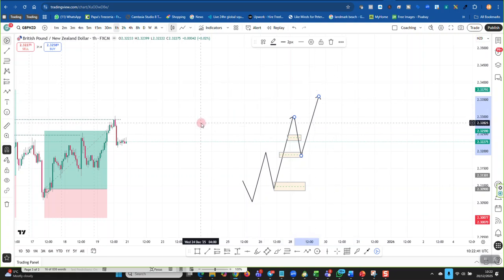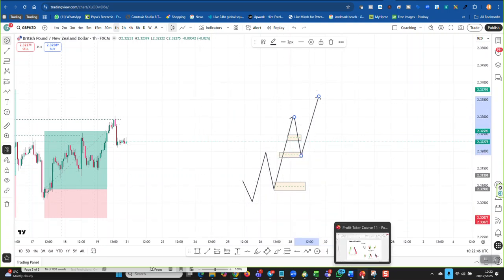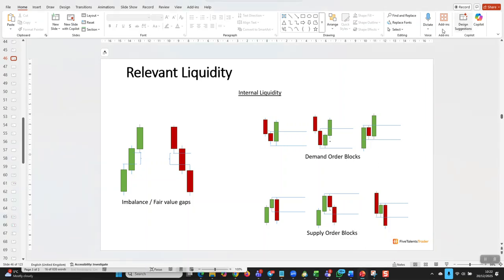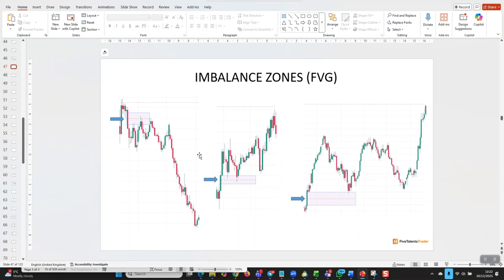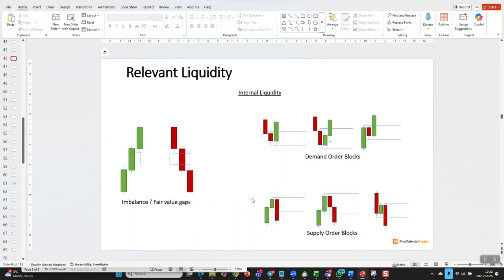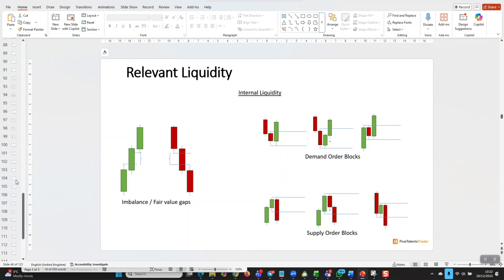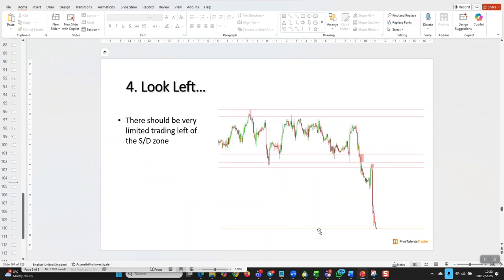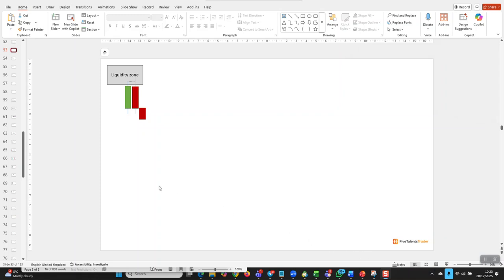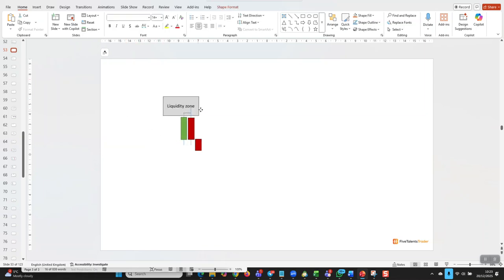The easiest way I look at this is to use this to explain. Let's say we have this liquidity zone, and we'll bring this into the middle here.